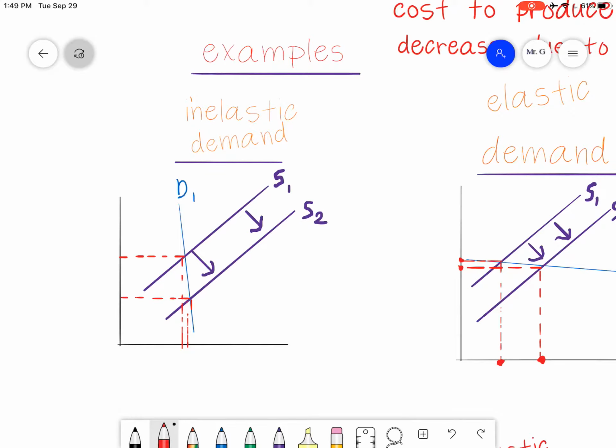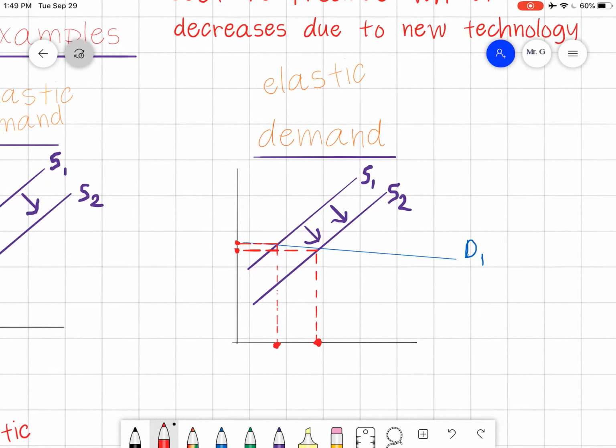We had an improvement in wheat technology, and it's more inelastic, so the price got reduced dramatically. But the quantity supplied and demanded didn't change a lot. That's typically what happens with inelastic demand: it'll have a big effect on price, but the quantity demanded and supplied didn't actually change a huge amount.